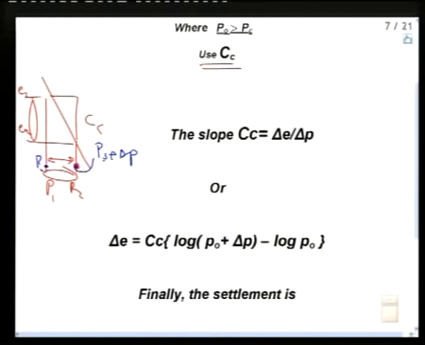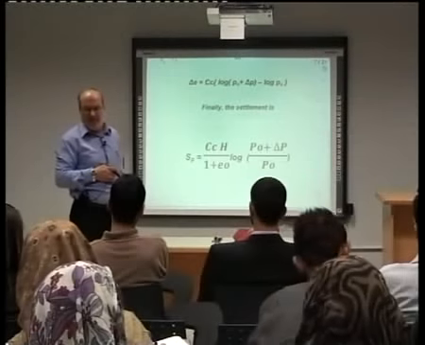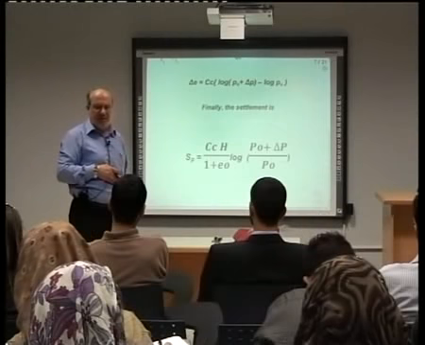Logarithm minus logarithm is the logarithm of P naught plus delta P divided by P naught. Substituting this in S, the primary consolidation will be Cc multiplied by H divided by 1 plus e naught, times the logarithm of P naught plus delta P over P naught. This is the equation. We wrote it last time, but here I made a derivation for you.